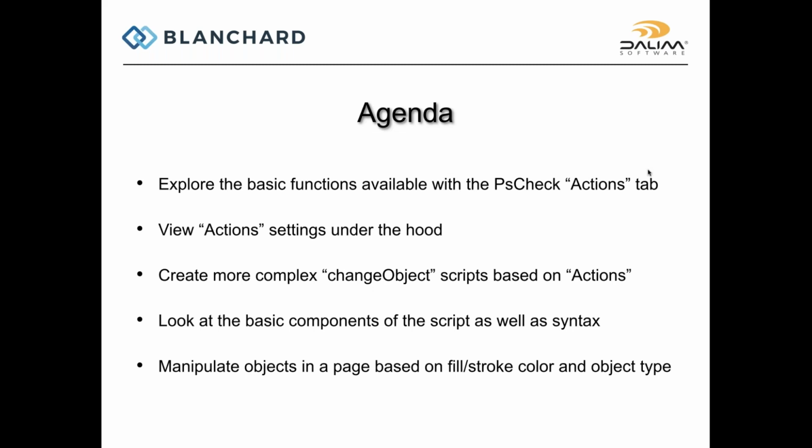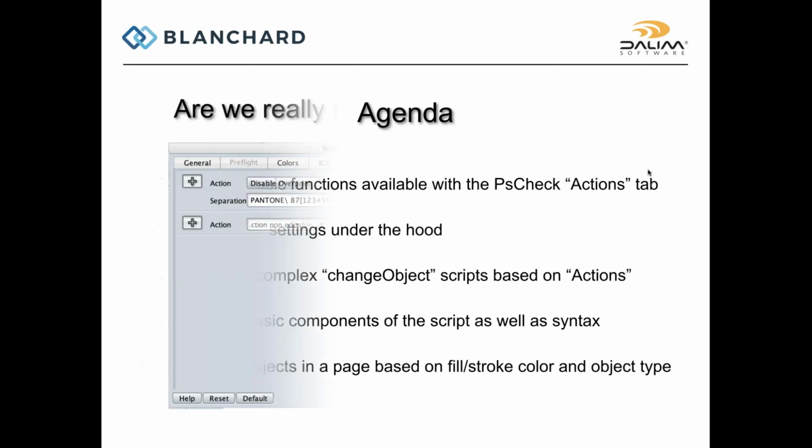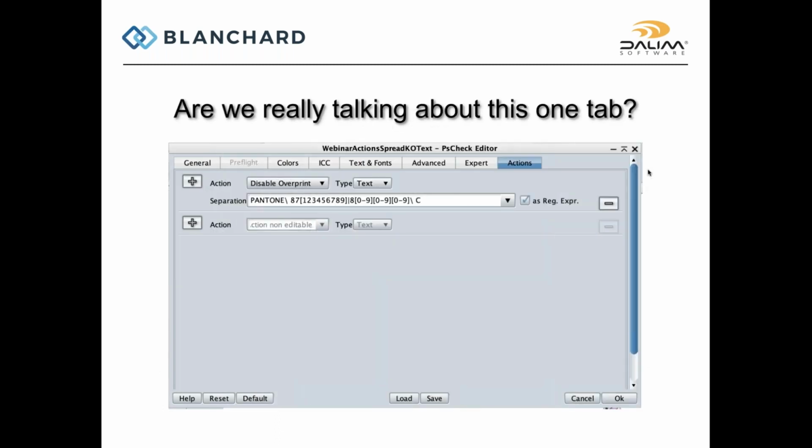And I'm going to go through a couple different routines that allow us to manipulate different objects on a page, change color, change overprints, and target specific objects in a page based on their type, their color, other things. And yeah, is this what I'm talking about?